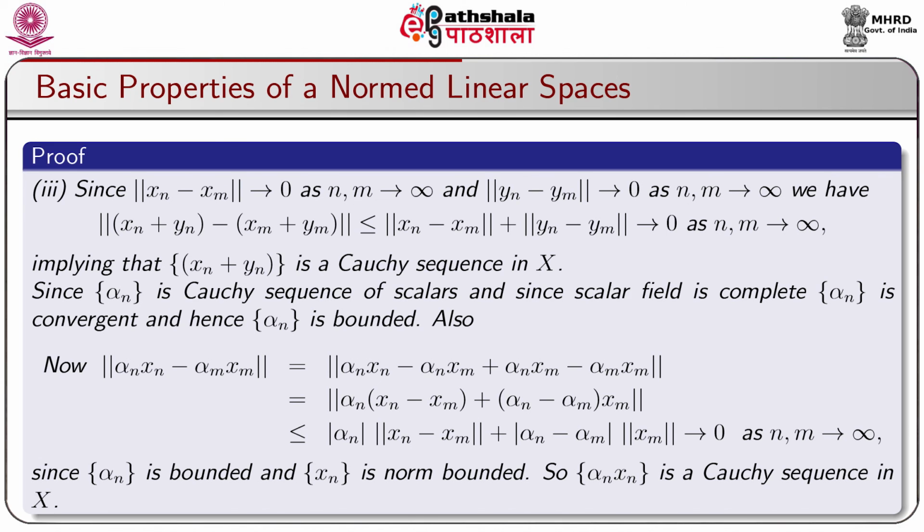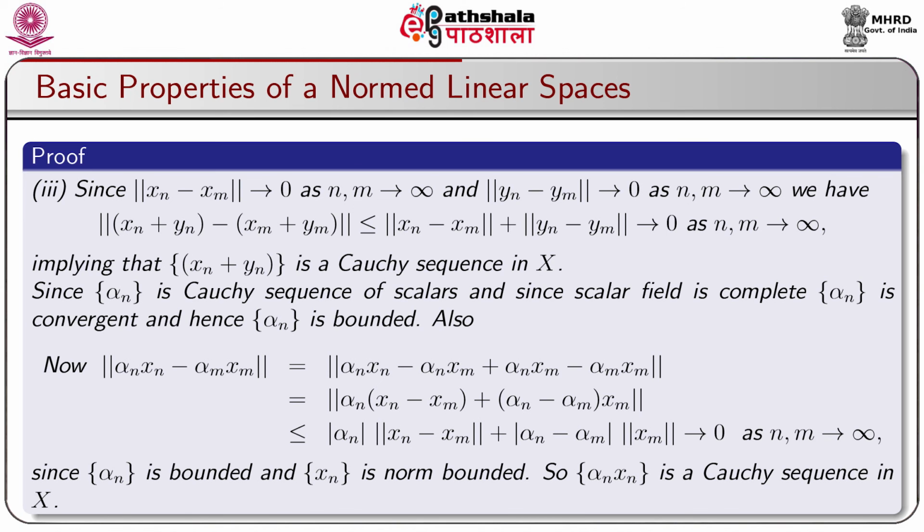So, we have norm of xn plus yn minus xm plus ym is less than or equal to norm of xn minus xm plus norm of yn minus ym, which tends to 0 as n, m tends to infinity, implying that the sequence xn plus yn is a Cauchy sequence in X. Since the sequence alpha n is a Cauchy sequence of scalars, and since the scalar field is complete, the sequence alpha n is convergent, hence alpha n is bounded.